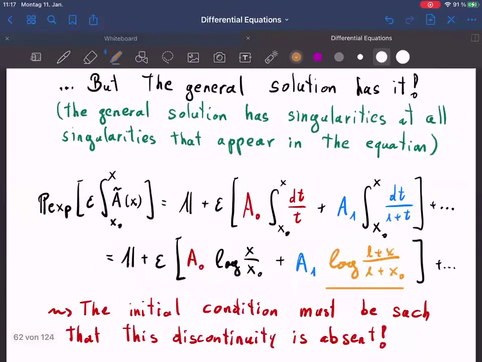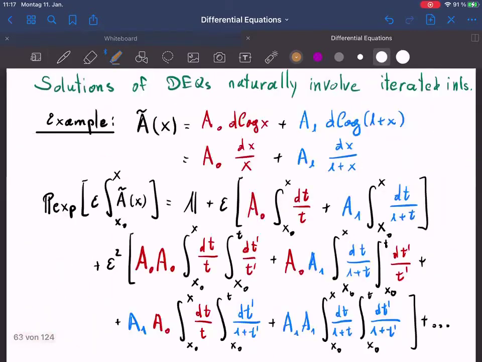So here, we've seen that the natural objects that come up when you expand the path-ordered exponential are iterated integrals.